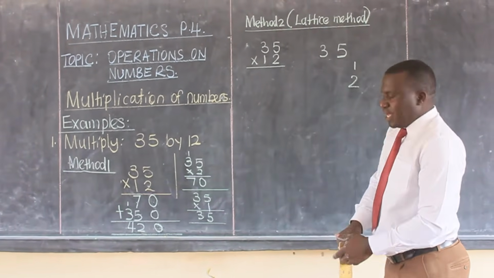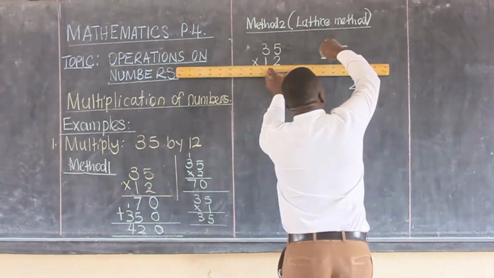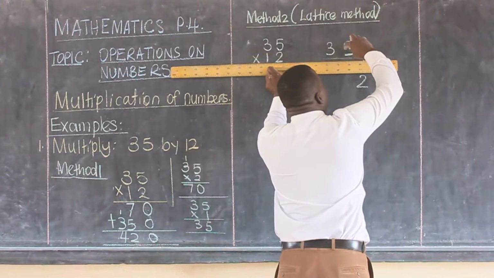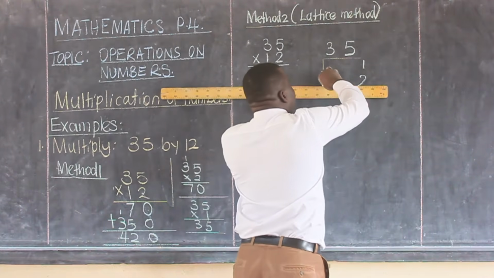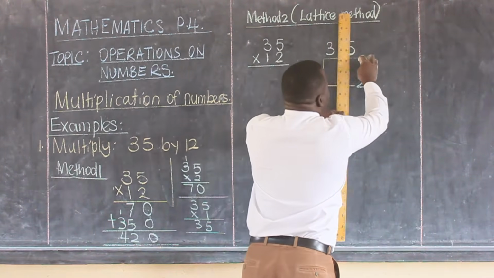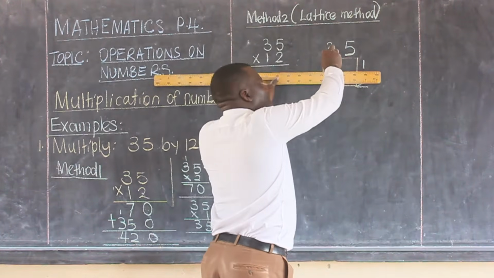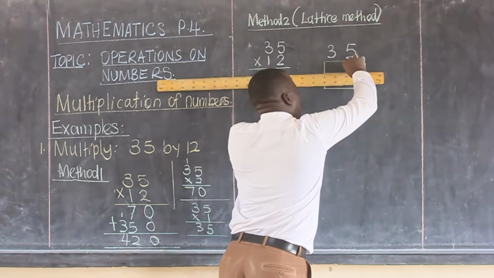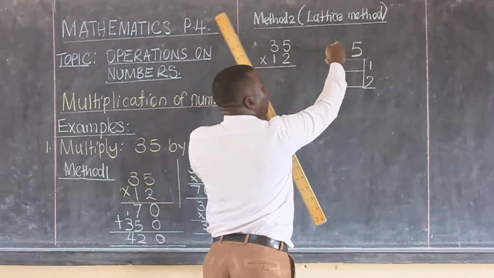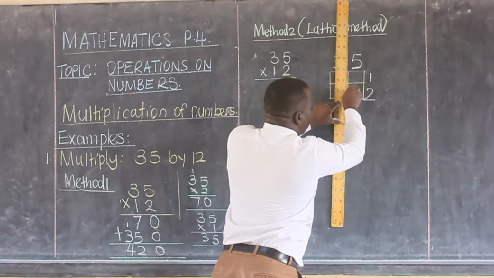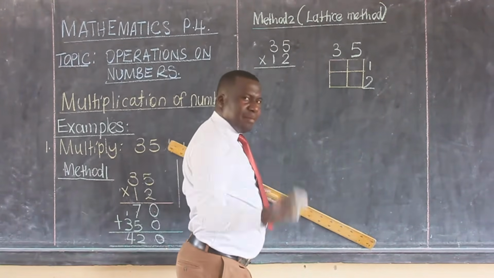Are you seeing that? I'm going to draw a table here. I want you to be very, very attentive here. So I'm going to divide this into 2 because these are two numbers. There is 1 and 2. And I'm going to also divide this into 2. Are you seeing that? This is what we call the lattice method.